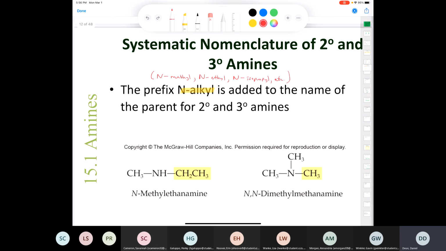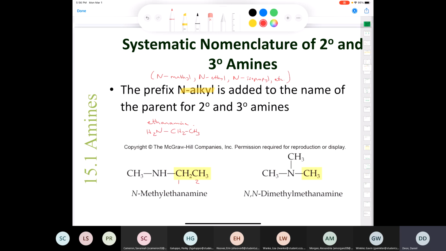If you had this, CH2, CH3, NH2, what would that compound be called? That would be called ethanamine. Now you can see that in this compound that's shown here, the longest carbon chain is these 2 carbons here.